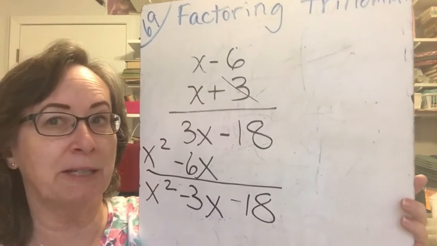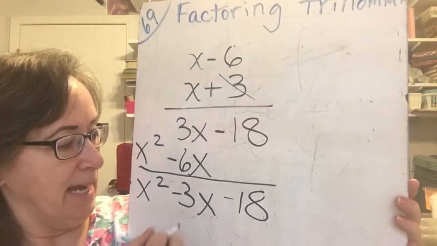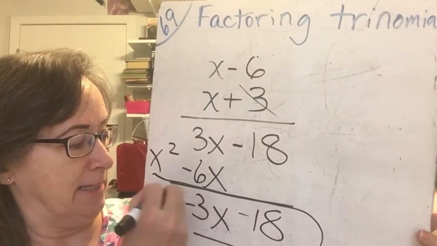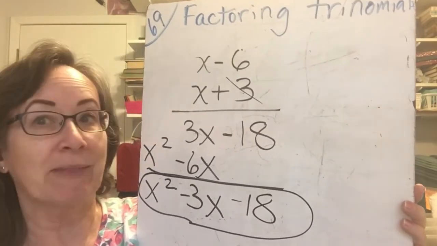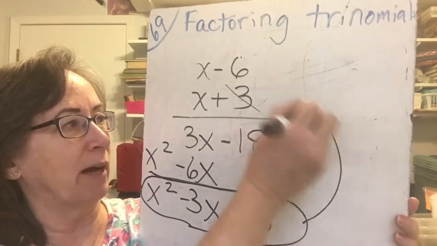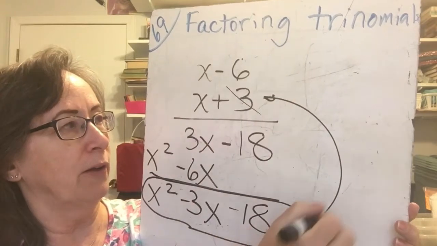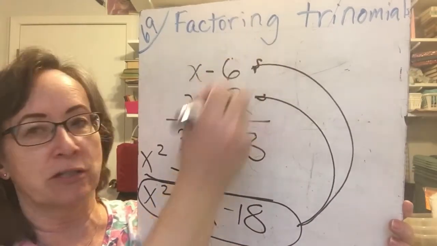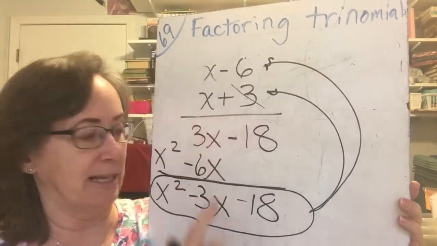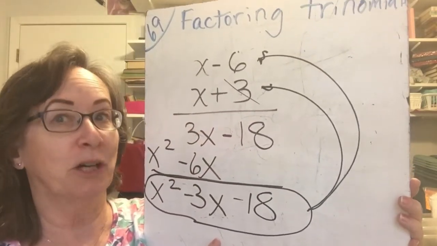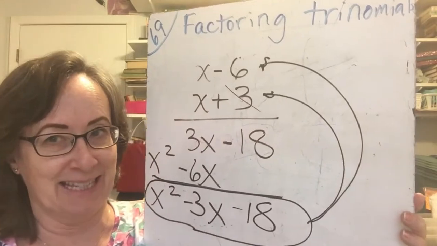What we're going to be talking about in this lesson is taking this trinomial, 3 terms, and going back to figure out what were the original factors of that trinomial. If we didn't know these and we had this, could we go backwards to these?